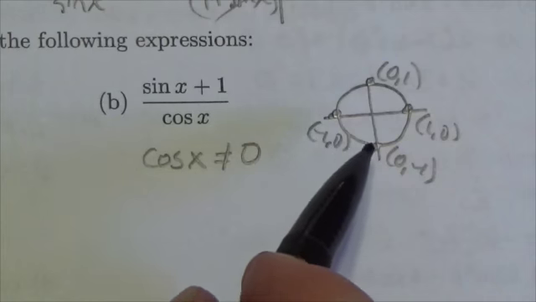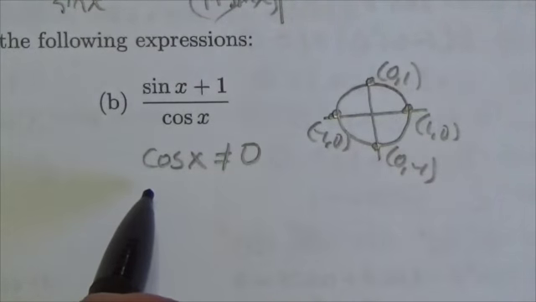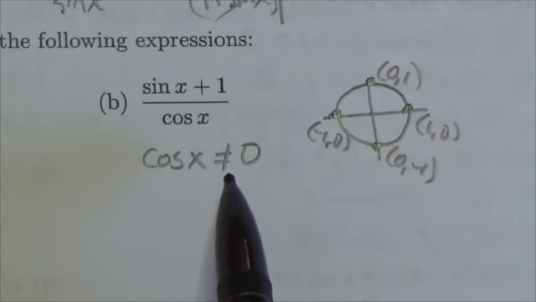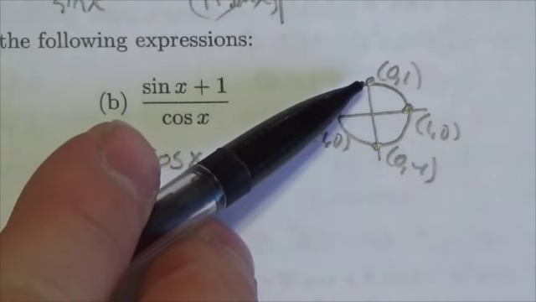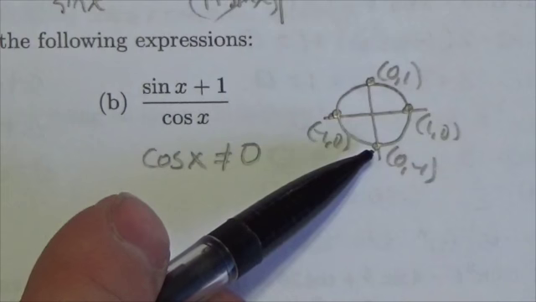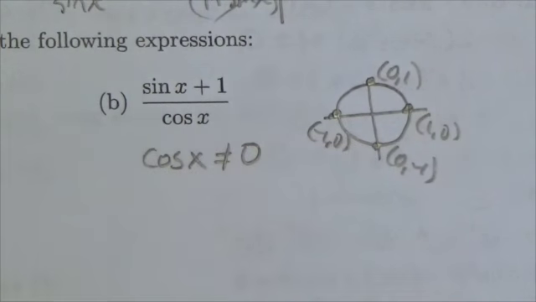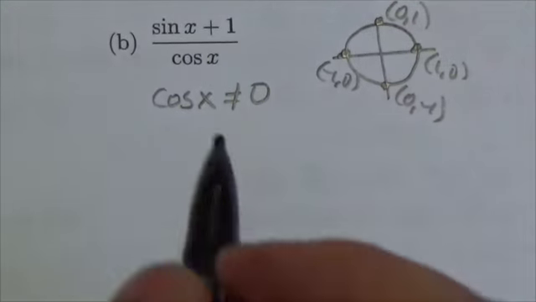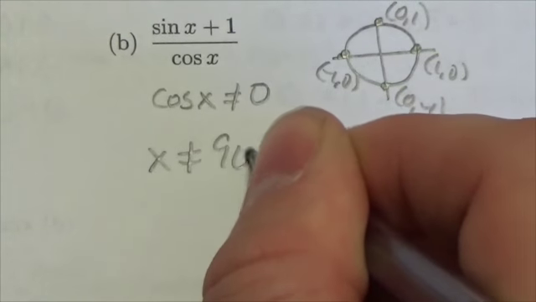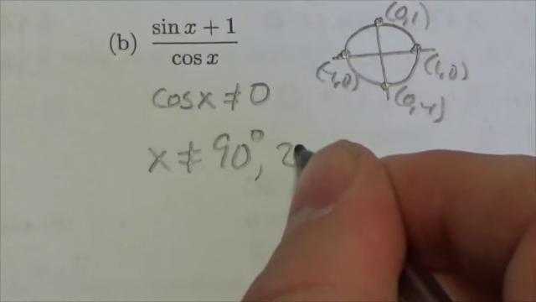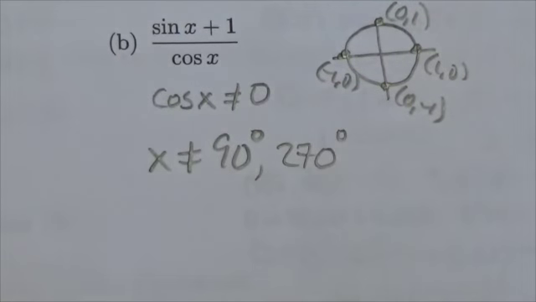We associate the x-coordinate with cosine. I'm not allowing cosine to go to 0, so now I got to think, where does that occur? Well, that occurs up here at 90 and down here at 270. So those are our restrictions. If cosine isn't allowed to be 0, then x cannot be allowed to be 90 degrees or 270 degrees.